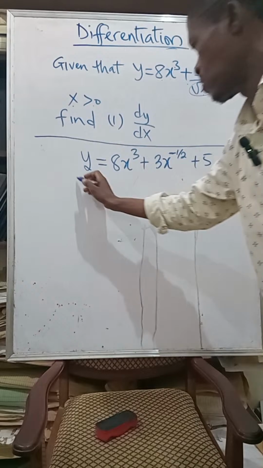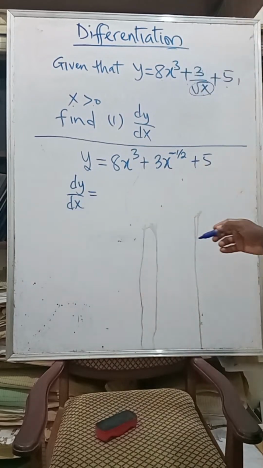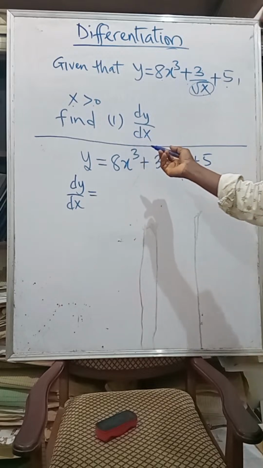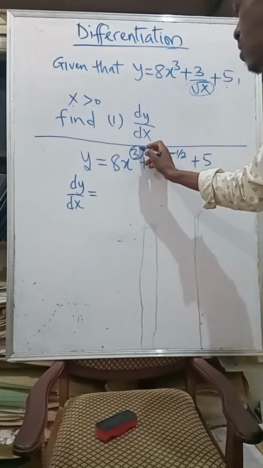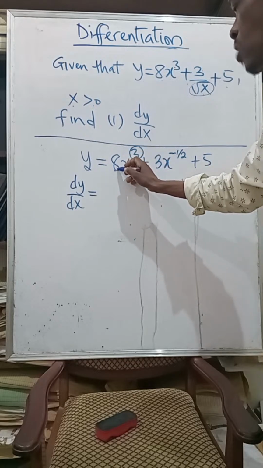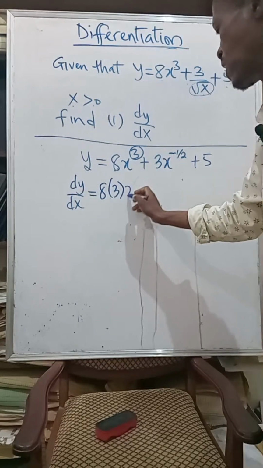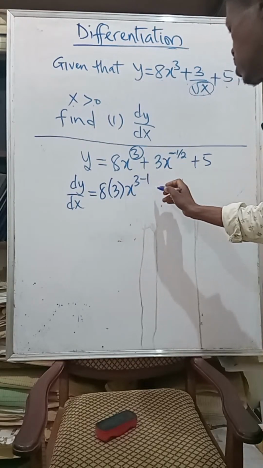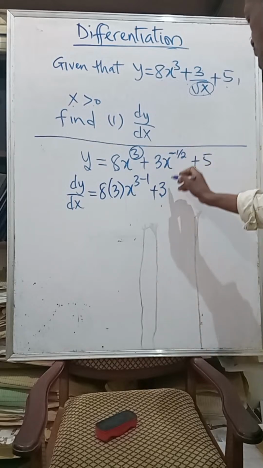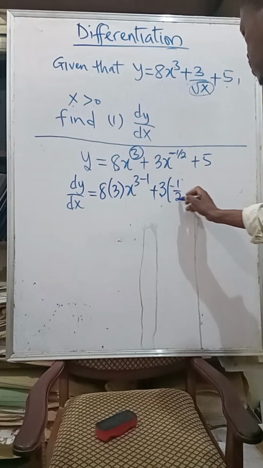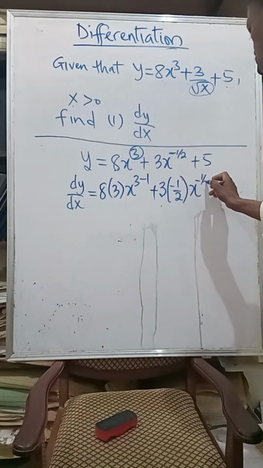So dy/dx will equal, as we said from the beginning, your a is 8. So this 3, the one you have here, will go to the front, and then x to the power 3 minus 1, and then plus the same thing here also. This minus half will go to the front, and then x to the power minus half minus 1.